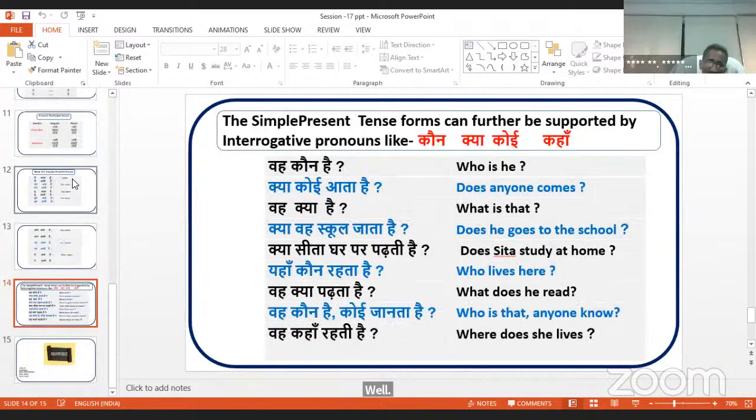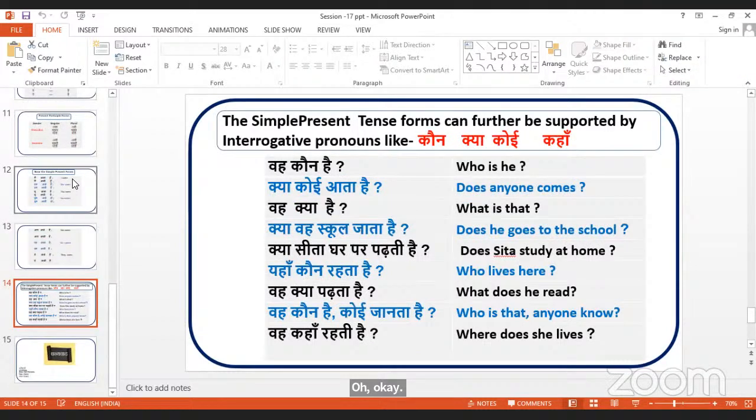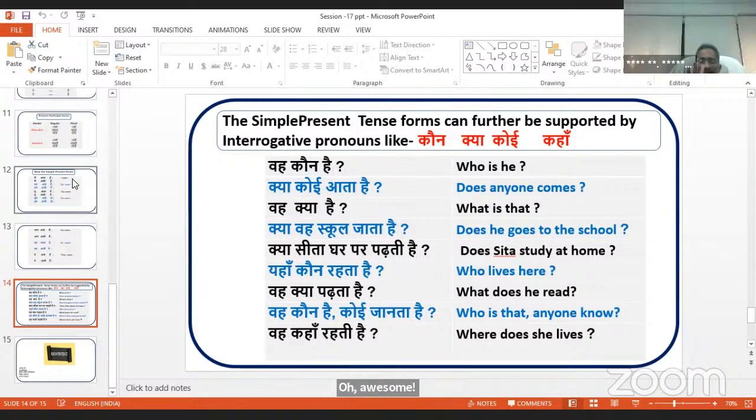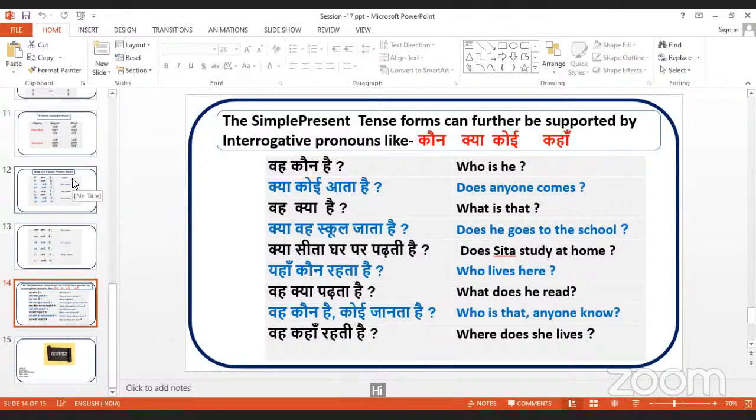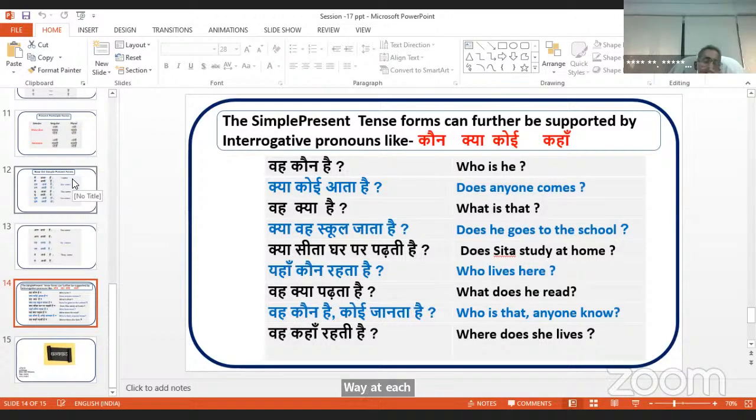So once again, be very clear about the things. Automatically we will get 4 formations: 2 for number, that means singular and plural, and 2 for gender, that means masculine and feminine.